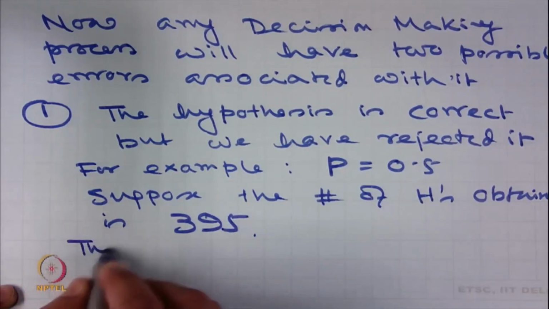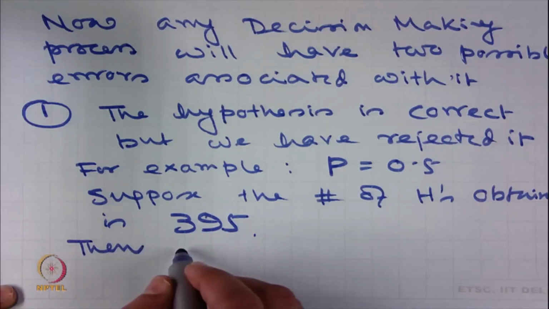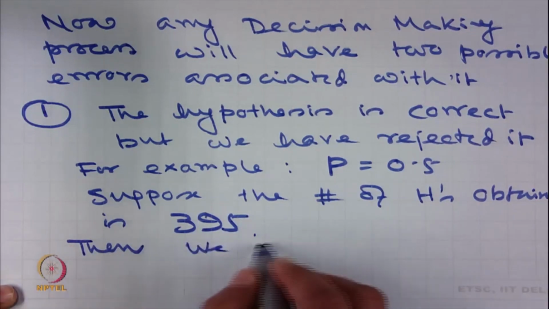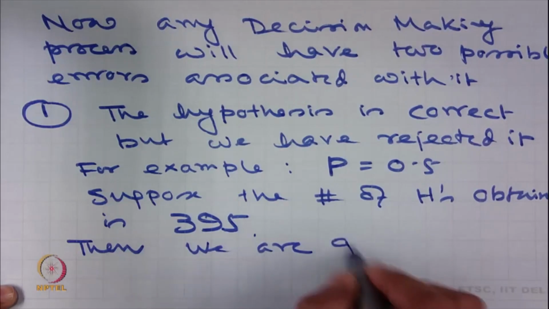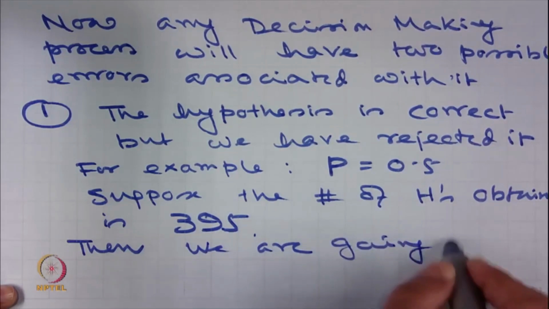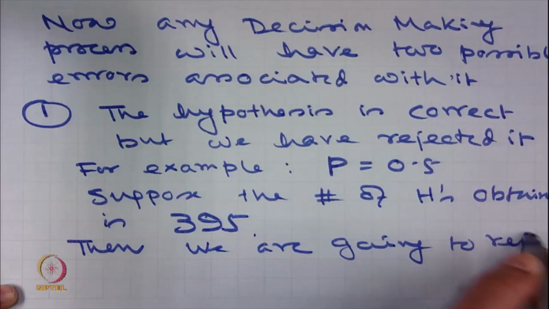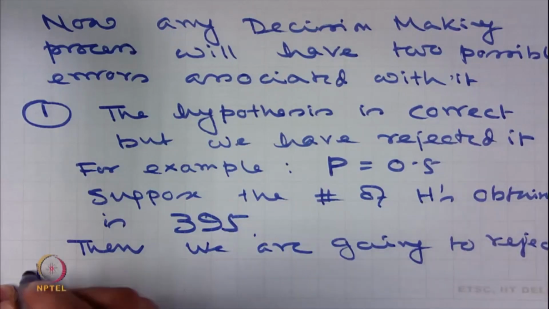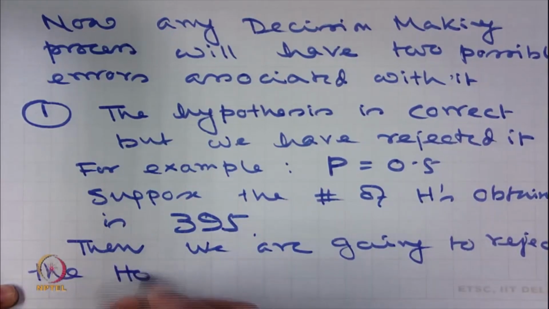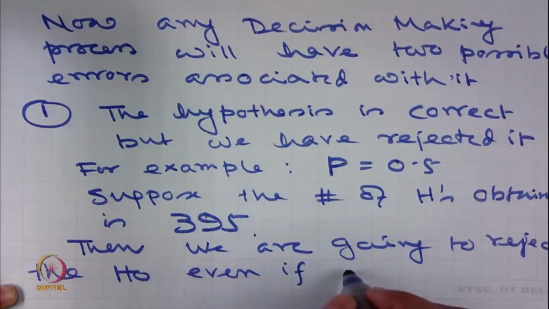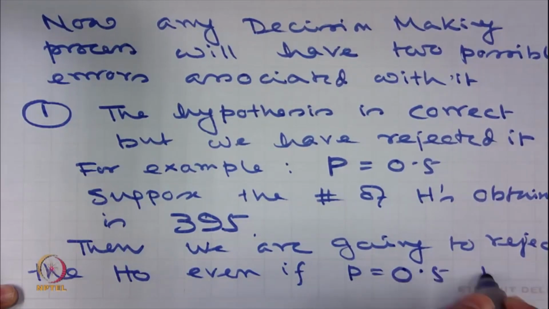Then we are going to reject the H naught even if P is equal to 0.5 is true.